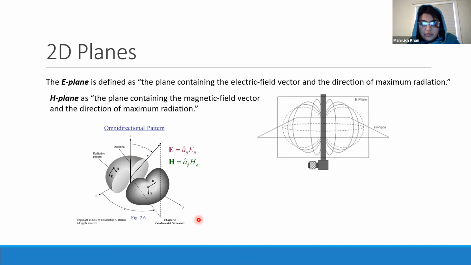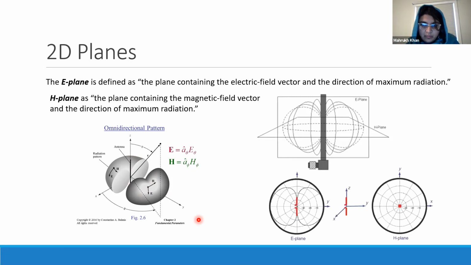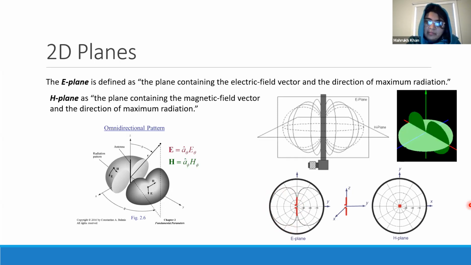If we look at it another way, it's the same as what we were talking about before: this is the horizontal cut, which is equal to the H plane, and this is the vertical cut, which is equal to the E plane. And in terms of 3D, it also acts like this.